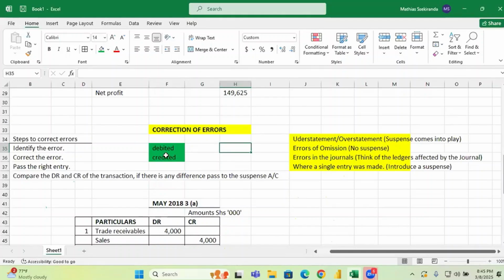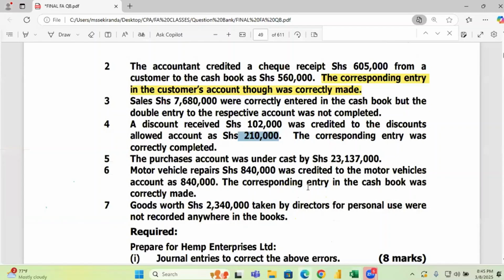I mean, this is a discount received. Again, why are you telling me it was credited to the discount allowed? And yet it is a discount received. Okay? Errors are very easy to identify. Very, very easy. As long as you put in some attention when you are reading a note.